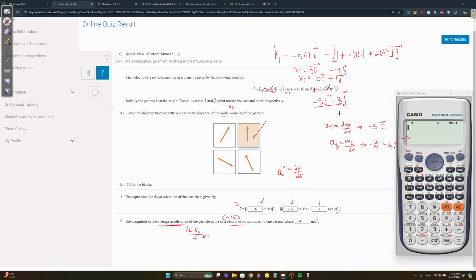The time is the first second of motion, so 1, so it's gonna stay minus 5i minus 8j. Well, let's find the magnitude, because they asked magnitude. You're gonna do radical 5 squared plus 8 squared, 9.4.